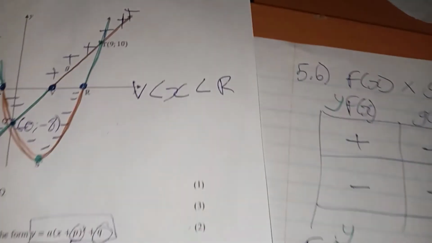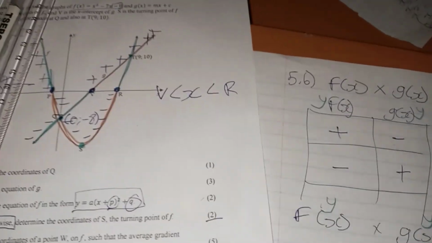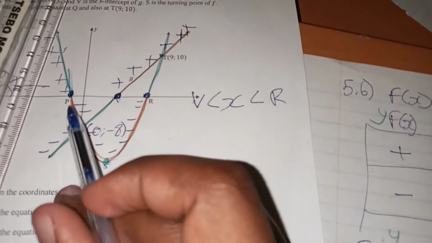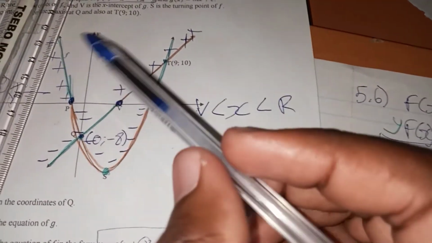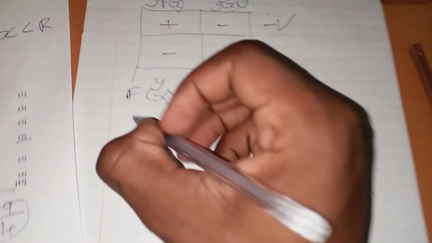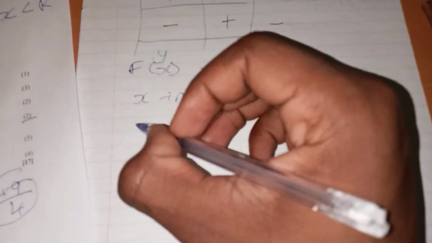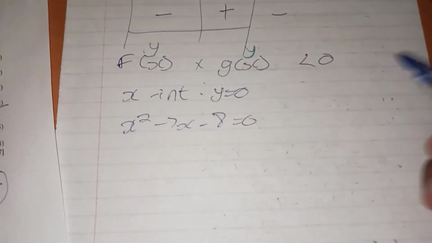So now it's just a matter of us finding the values. And as you can see, P and R are the x-intercepts of f, and V is the x-intercept of g, right? So let's start there. Whenever I'm looking for my x-intercept, my y value should be 0. So I'll have x squared minus 7x minus 8, and it will give me 0, right?